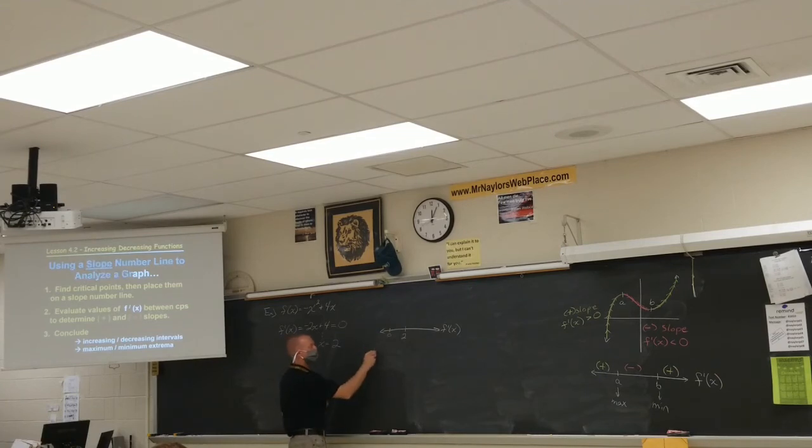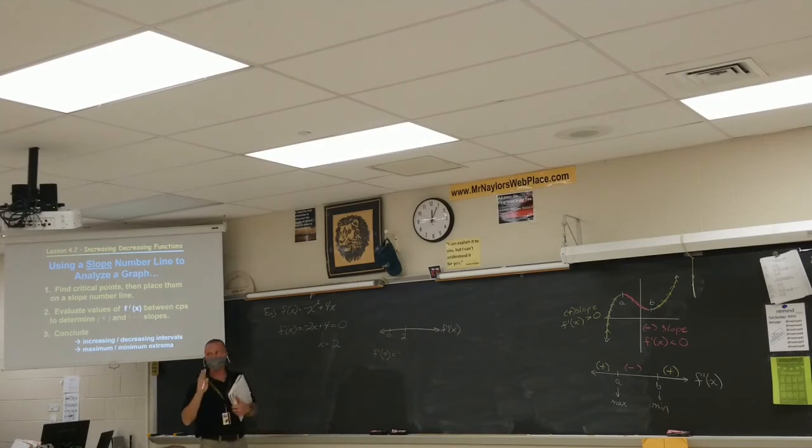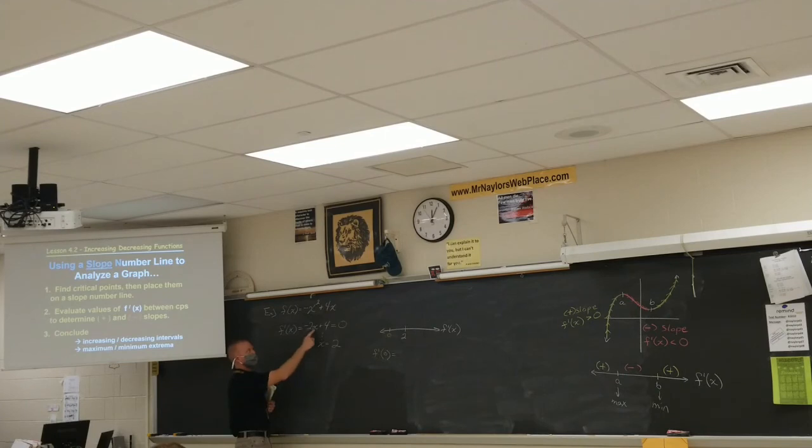Now, I'm going to plug it into the derivative. Sometimes you'll do this mentally. Sometimes you'll have to think a little bit more. Eventually, you'll do this without a calculator, all the time. But make sure you realize I'm plugging in right here. Negative 2 times 0 plus 4. I'm plugging into the derivative.